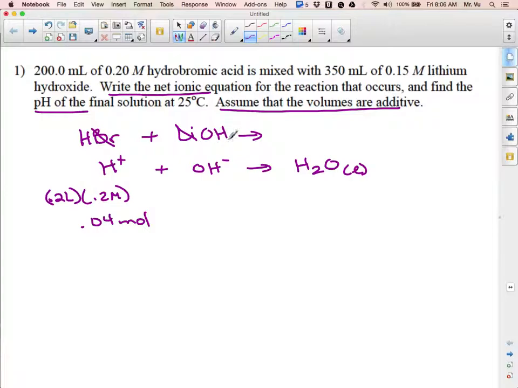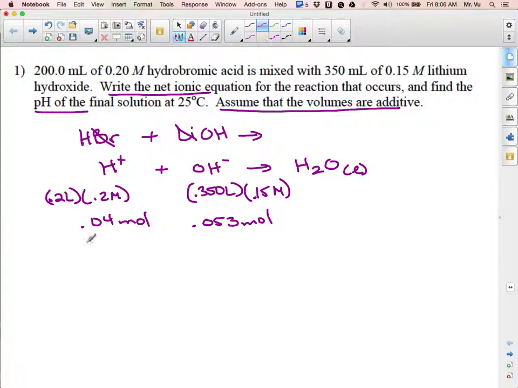On the lithium hydroxide, I have 0.350 liter, that's from the 350 milliliters, and 0.15 molarity of that. So if I take the volume and multiply by the molarity, I will have the moles. So this is 0.053 moles.